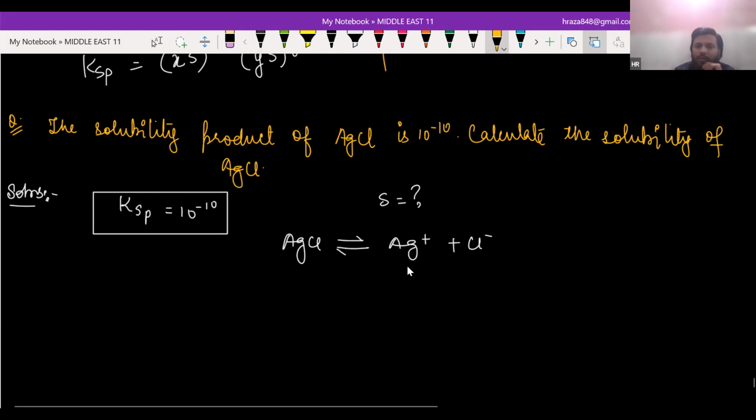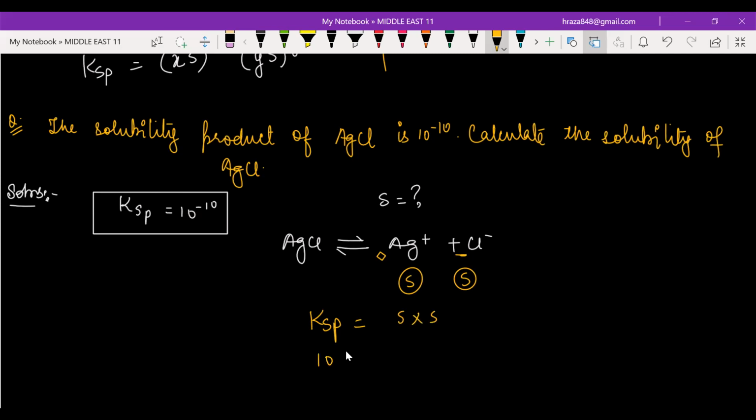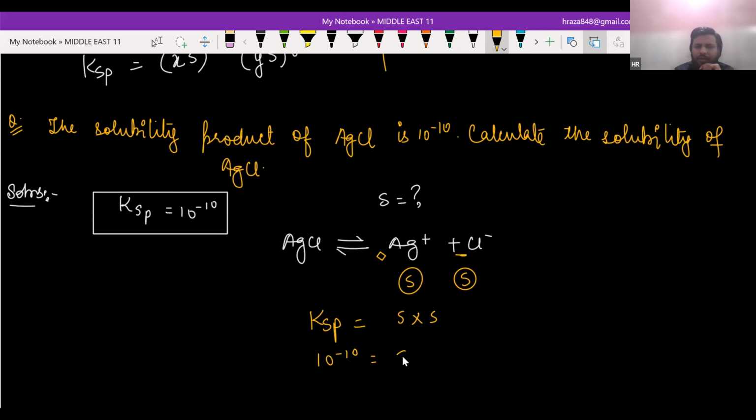According to the equation, the solubility will be S because it has coefficient 1, and in the same way it will be S. Ksp will be equal to S into S. Can I write it directly, Krishna? Yes, sir. Ksp has a value 10 raised to the power minus 10, which equals S square, and S is equal to the square root of 10 raised to the power minus 10, which will be equal to 10 raised to the power minus 5.